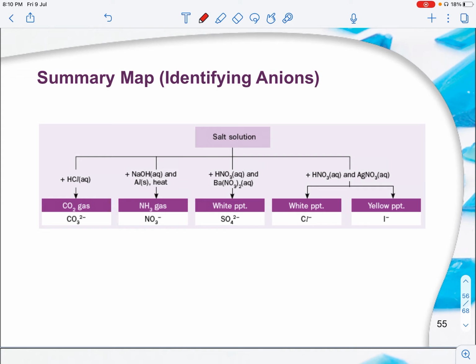The other one would be when you test for iodide, it will be silver iodide, so AgI, the yellow precipitate. This will be AgCl, and this one will be barium sulfate for the white precipitate formed.